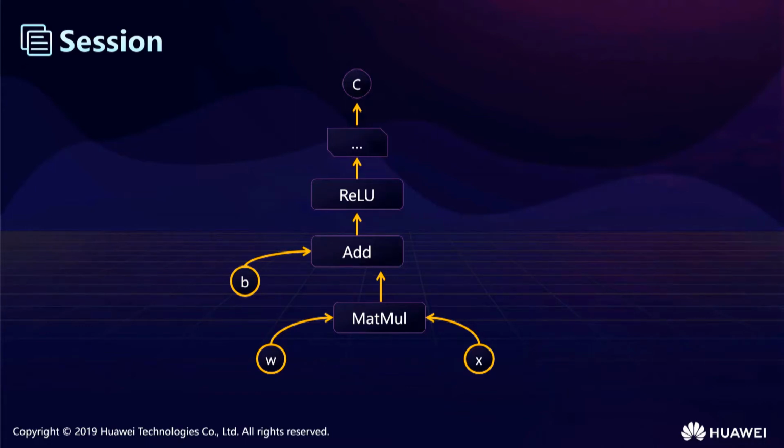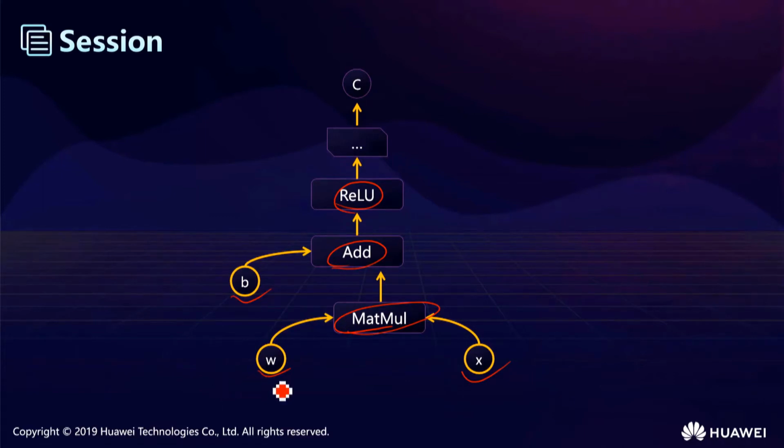First, create a session and an empty graph will be generated. As the image shows, we can add a lot of operations to the graph, the bias, weight, and the vector x. So this node is the operation: add, multiply, and activation function.